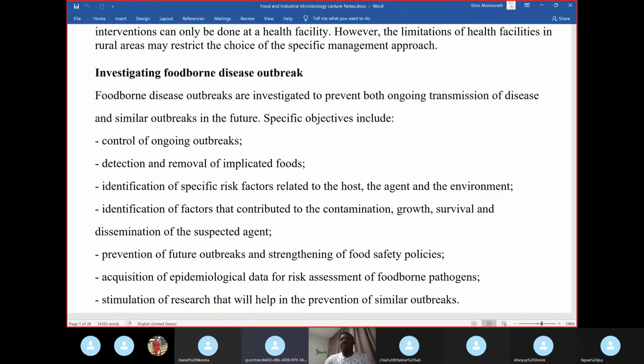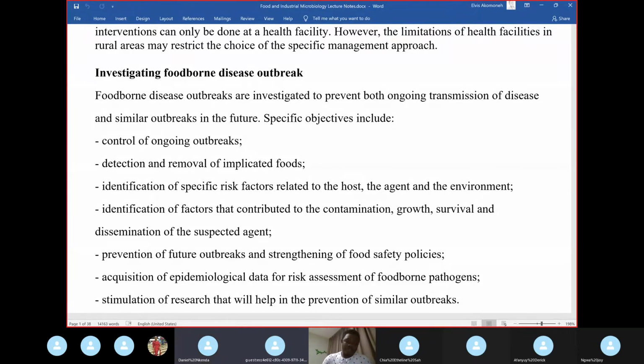How do we investigate an outbreak and how do we report, to ensure that we are able to contain the spread of the outbreak and also to prevent future occurrences of that outbreak? That is therefore the main objective of investigating an outbreak.